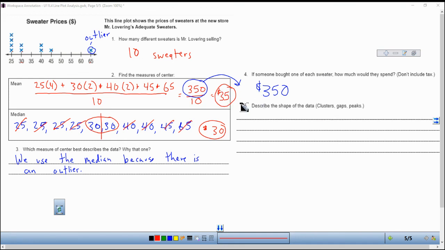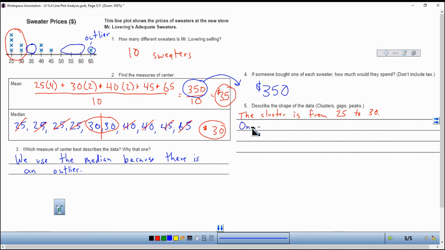All right, let's describe the shape. So we have clusters. Yeah, I'd say we have a cluster here. The cluster is from 25 to 30. Let's see. There's two gaps. There's one gap here, and then there's a big gap right here.